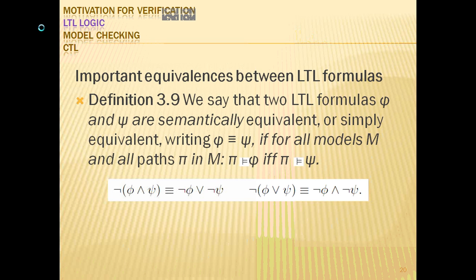Now let's see some of the important equivalences between the LTL formulas. We say that two LTL formulas φ and ψ are semantically equivalent, or simply equivalent, represented by φ ≡ ψ, if for all models M and all paths π in M, π ⊨ φ implies π ⊨ ψ and π ⊨ ψ implies π ⊨ φ. One such equivalence is ¬(φ ∧ ψ) = ¬φ ∨ ¬ψ.